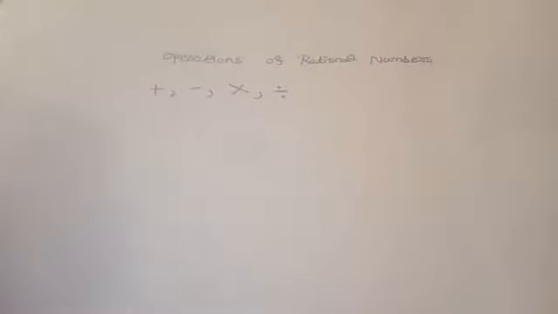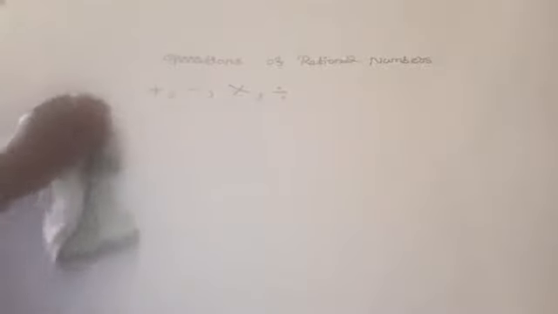So operations of rational numbers mean what? Addition of two rational numbers, subtraction of two rational numbers, we can multiply two rational numbers and then we can divide two rational numbers. It's very simple. The way we performed operations on fractions is the same way in rational numbers.